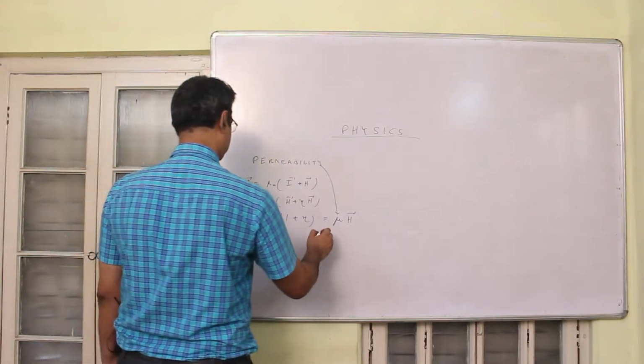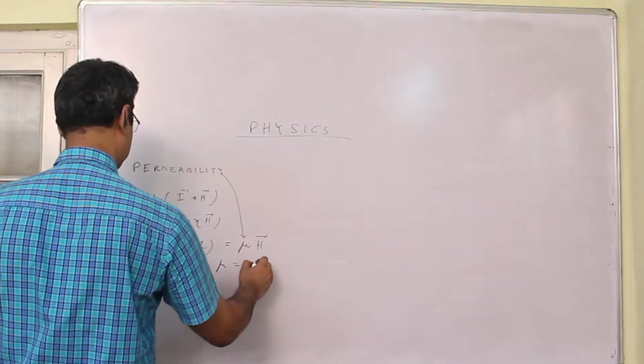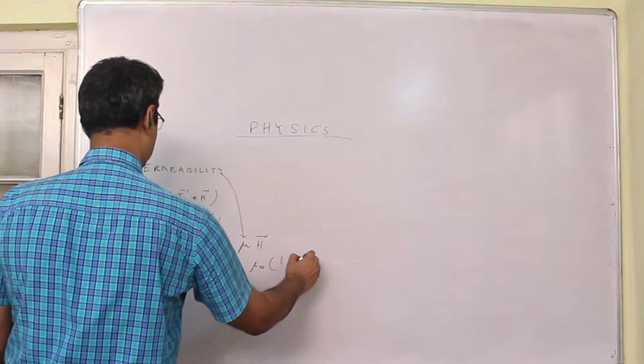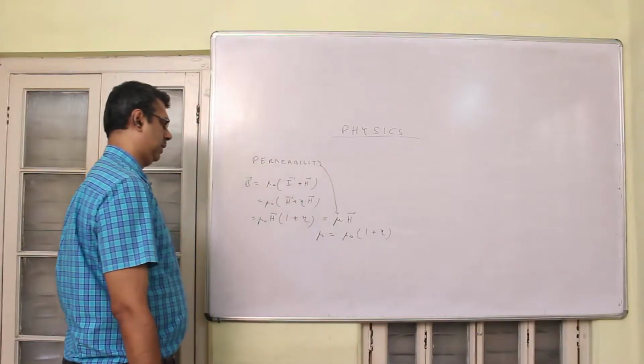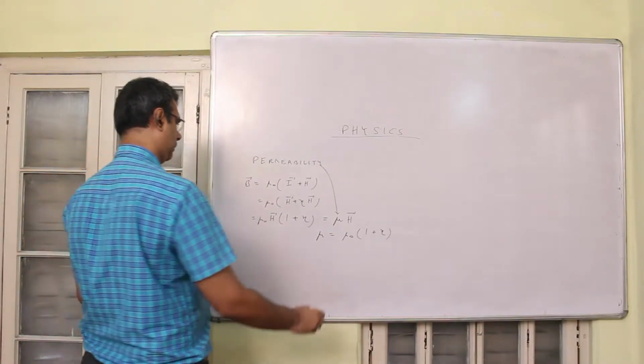You can see that mu is mu naught into 1 plus chi. This is the expression for mu.